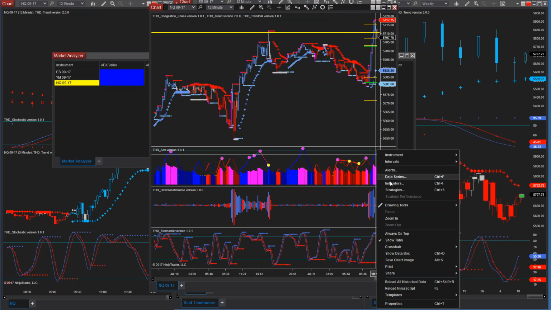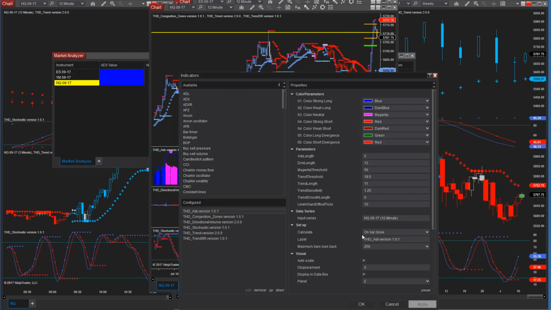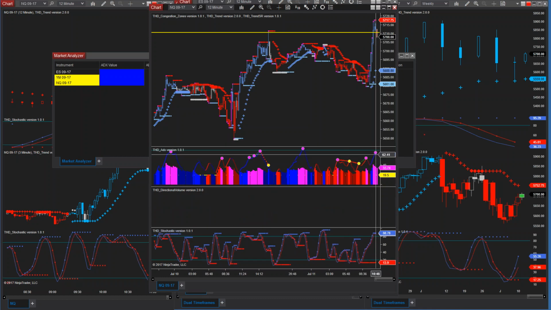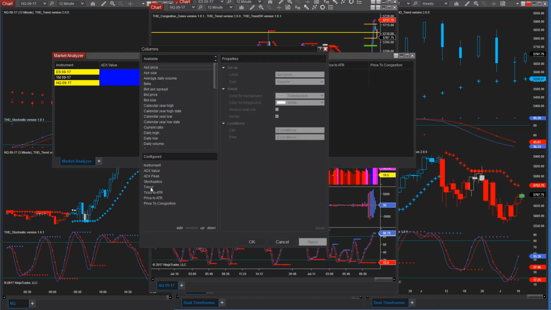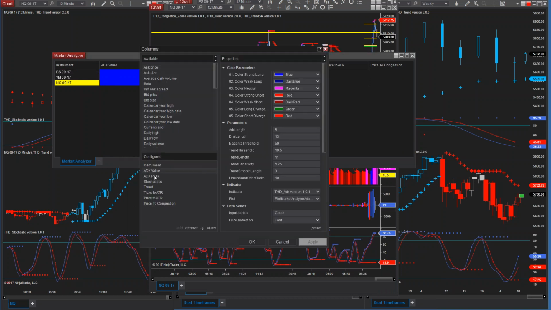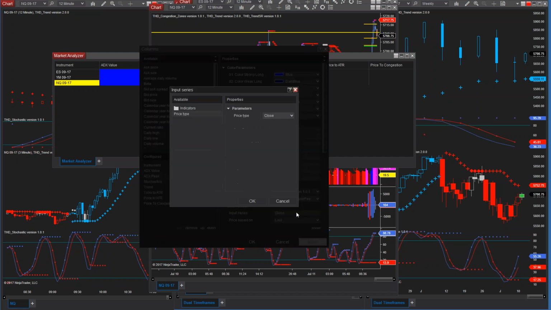Now, I could also change this, I think, to on each tick. There you see it's coming in. And I could probably come over here to the columns. It just takes a lot more resources to do this.